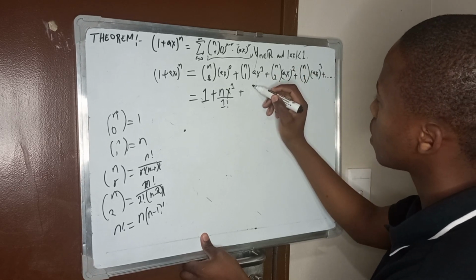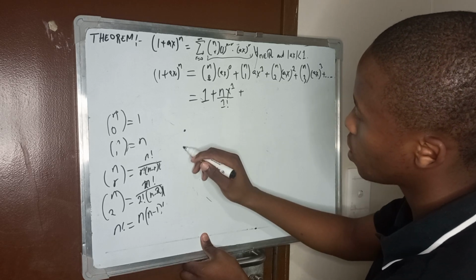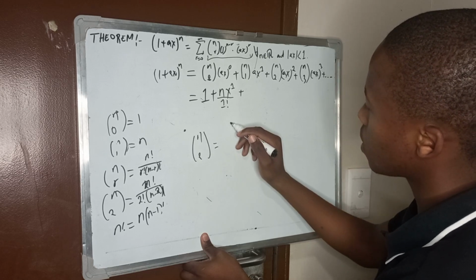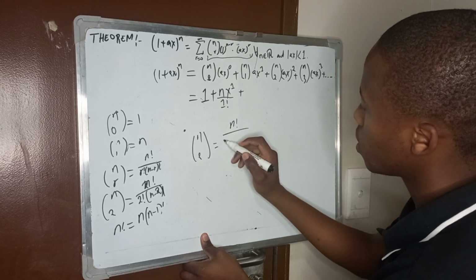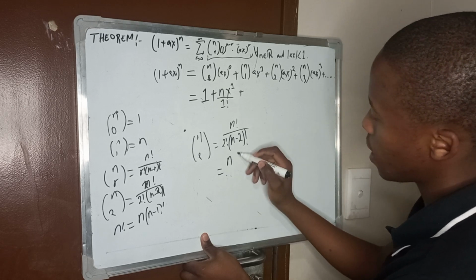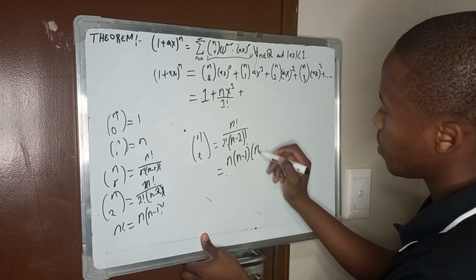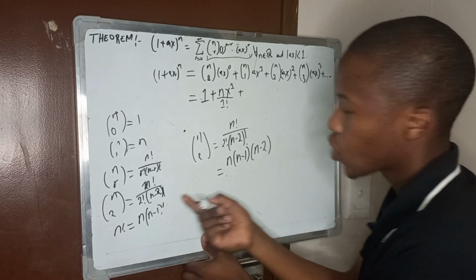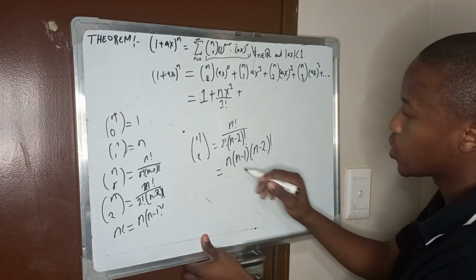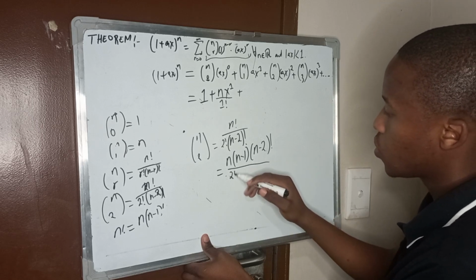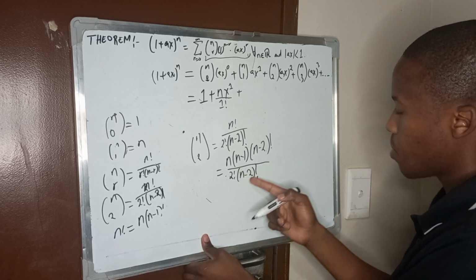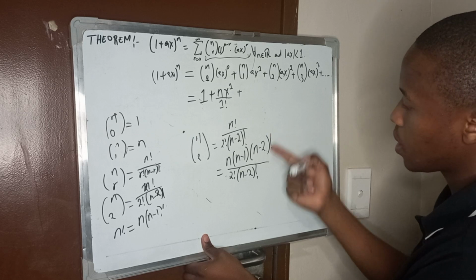Let's compute n choose 2 here. N choose 2 is the same as n factorial over 2 factorial times n minus 2 factorial, which is the same as n times n minus 1 times n minus 2 and so on. But because this goes up until forever, I will simply stop and divide by 2 factorial times n minus 2 factorial, because I want this n minus 2 factorial to divide that n minus 2 factorial.